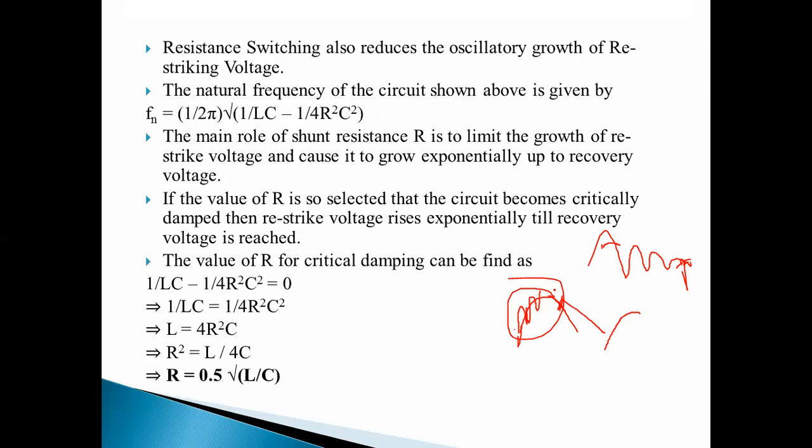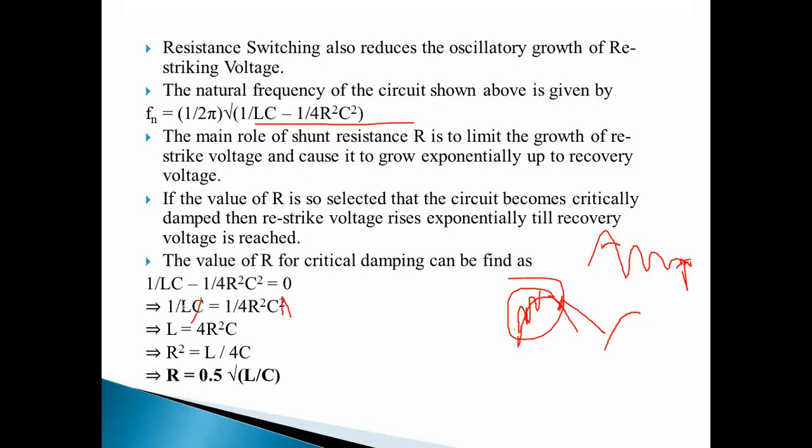Okay, now the value of R for critical damping can be found as 1 upon LC minus 1 divided by 4 R square C square is equal to 0. So if we take this to the right side, 1 divided by LC equals 1 divided by 4 R square C square. So this C gets cancelled here.